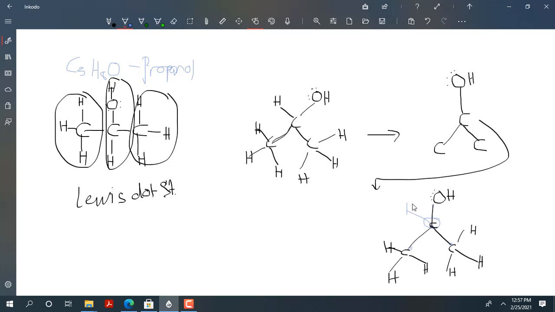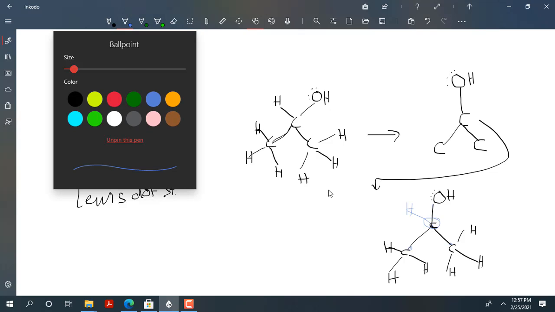You notice that based on the simplified bond line structure of propanol, I can basically expand it to the Lewis dot structure.